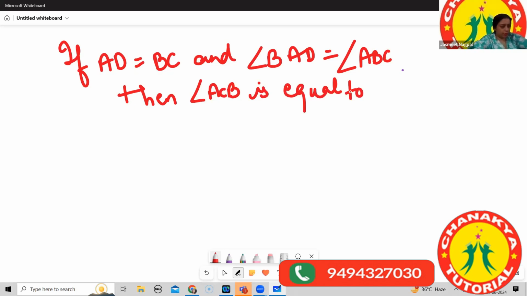I will show you figure also. Maybe in this figure is not given. If AD equal BC and BAD is equal ABC, then ACB is equal to. Can you draw the figure also?